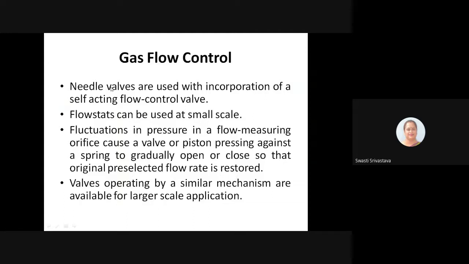So these valves work with a piston-like structure, and that piston is either rising up or being lowered down as and when required to gradually open or close, so that the flow rate is maintained.